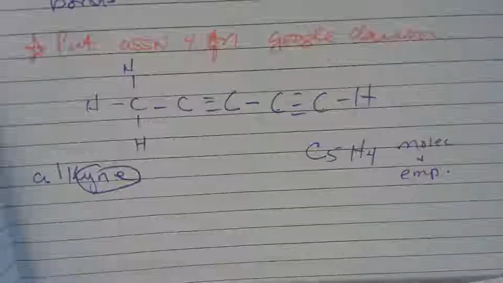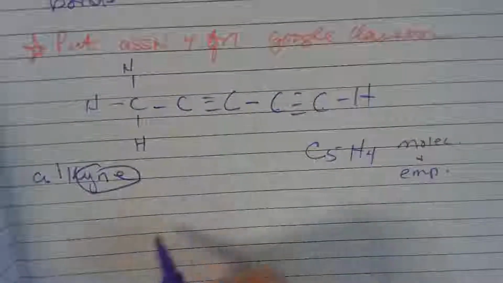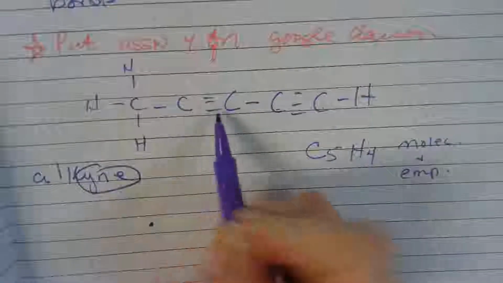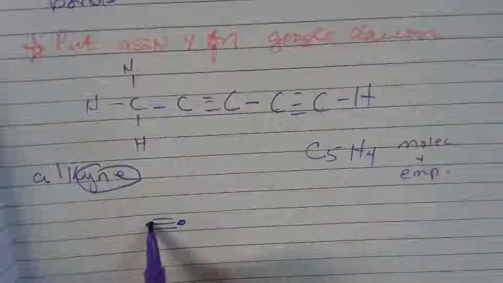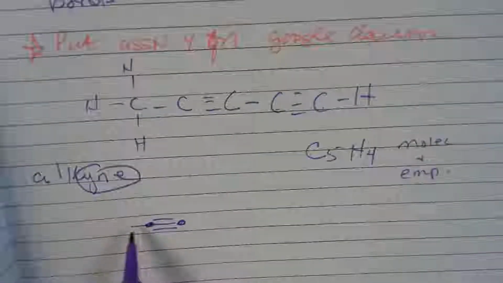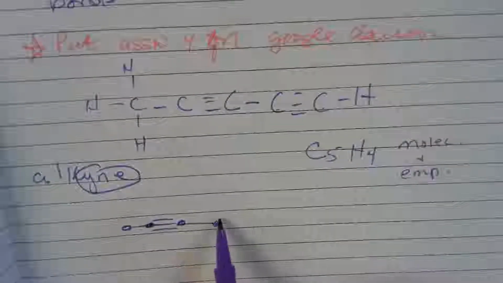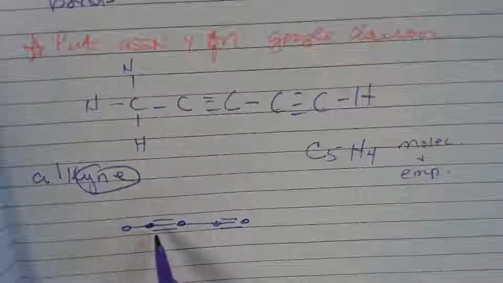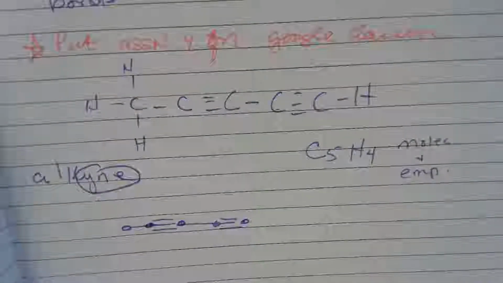For the line structure of the molecule, everywhere you see a carbon, I'm going to start out with my triple bond here. One, two, three, four, five.